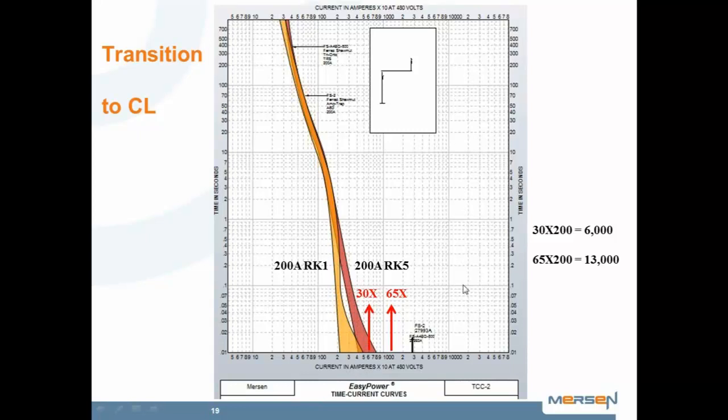The red curve, however, is an RK5 fuse, and the RK5 fuse per UL standard 248 says you don't have to have this RK5 fuse go into current limitation until 65 times its ampere rating. So that's 13,000, which is indicated on this.